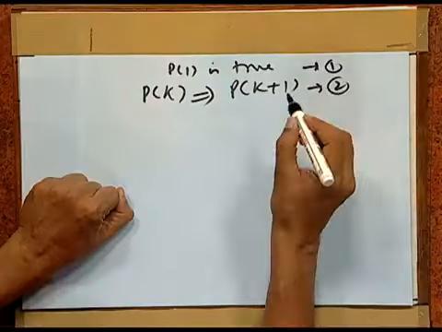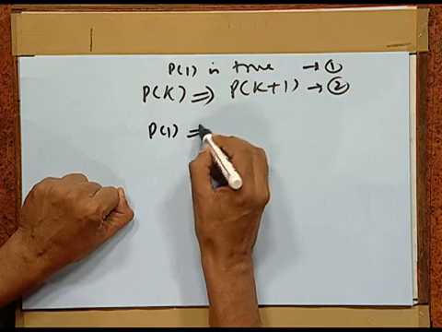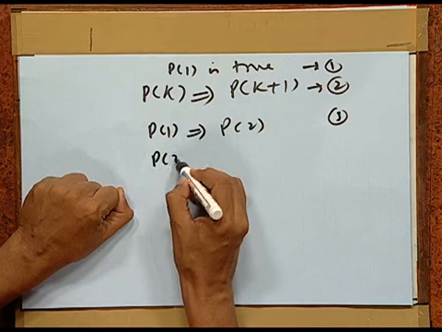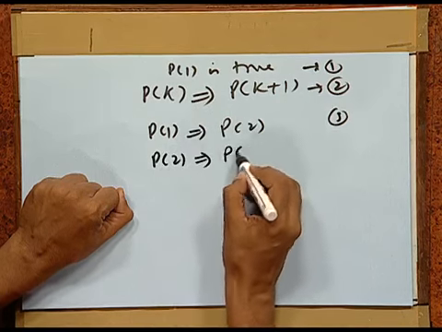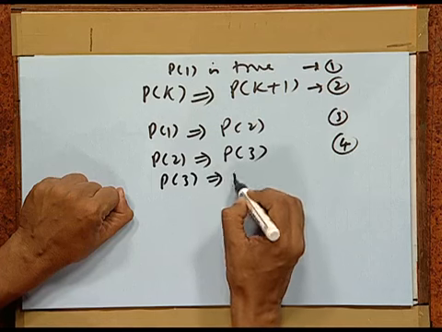How? When we apply first to second, we get P1 implies P2. This gives third. When we apply third to second again, we get P2 implies P3. We get fourth. When we apply fourth to second again, we get P3 implies P4.